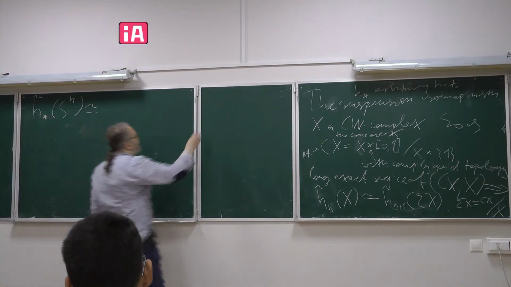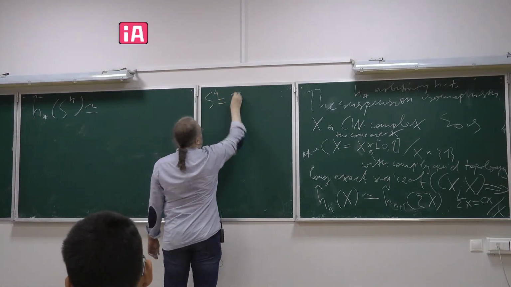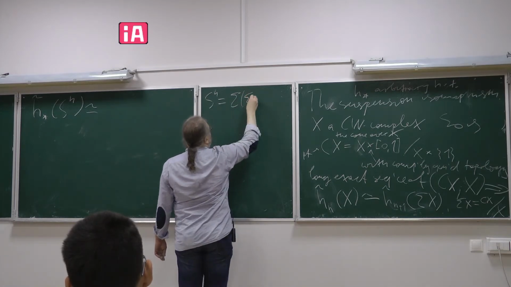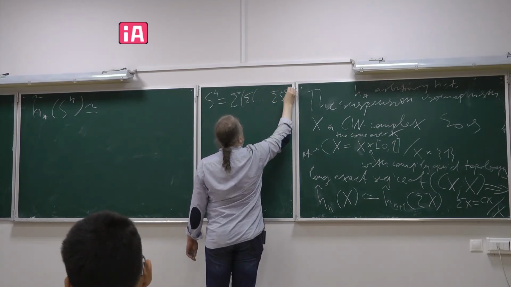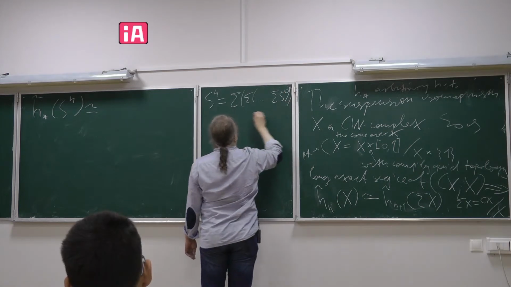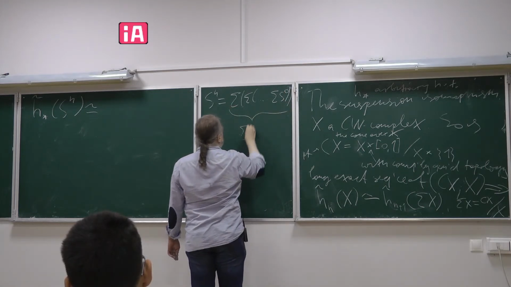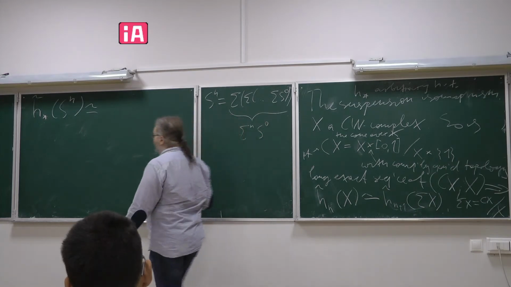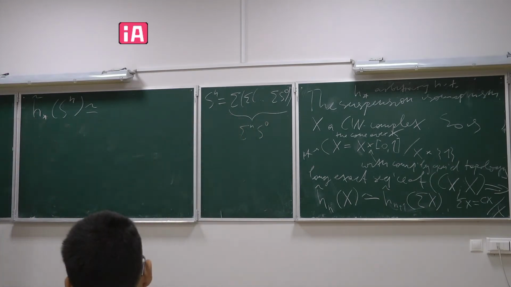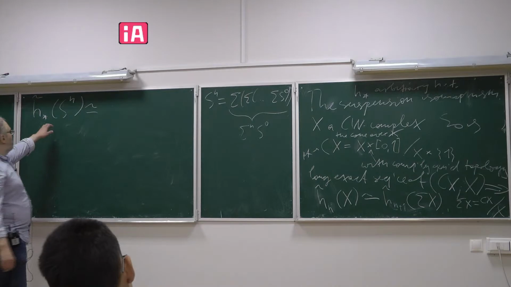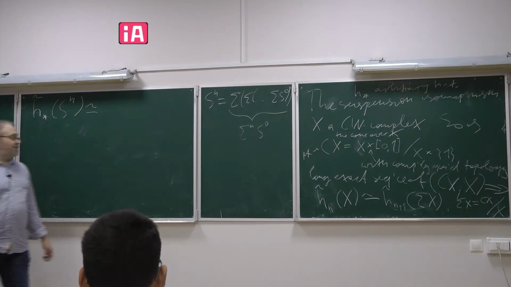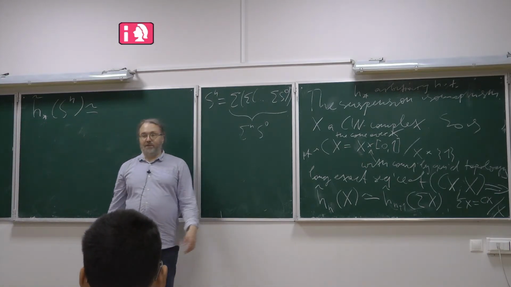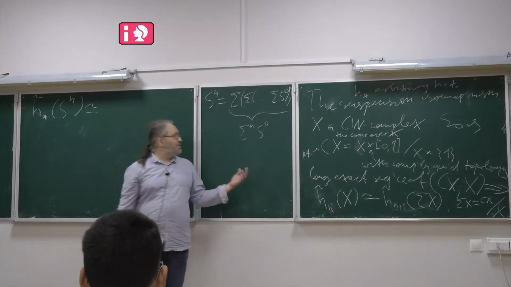Well, the n-sphere is the n-fold suspension of the zero sphere. So we will know the homology of the n-sphere if we know the homology of the zero sphere. But what is the zero sphere?